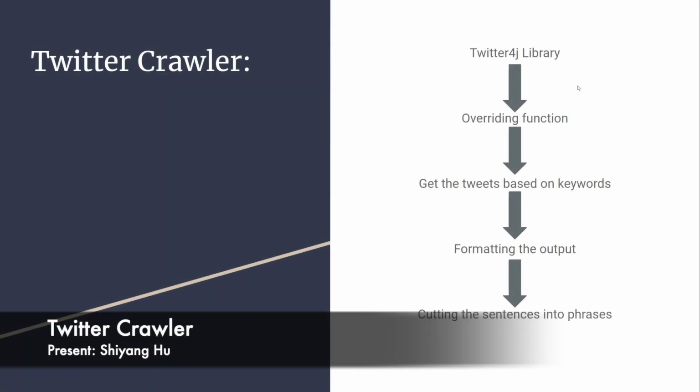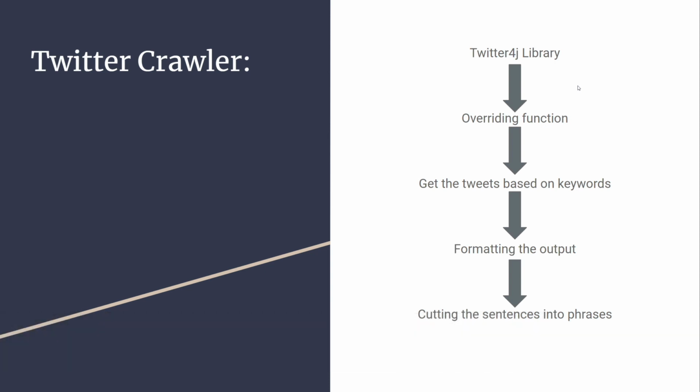Besides a crawler for websites, we also made a crawler for social media, and we chose Twitter as our target. To make it easier, we use Twitter4J, which is an open source library for the Twitter API, as our basis. To meet our requirements, we overrode part of the code.